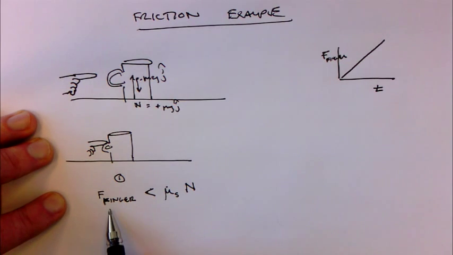So long as the force I'm applying with my finger is less than the static coefficient of friction times that normal force, the object doesn't move. It's still in the static case.